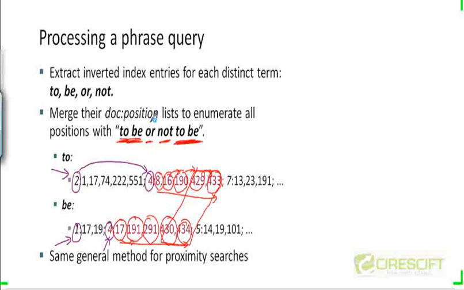So if I say that the word Brutus should appear within 7 words of the word Caesar, recall that this was the Westlaw syntax we saw in chapter 1, then it's possible that Brutus could appear before Caesar, or Caesar could appear before Brutus, but the distance between them should be less than or equal to 7 words. So that was a proximity query, and we can answer a proximity query using a more complicated variant of this algorithm.